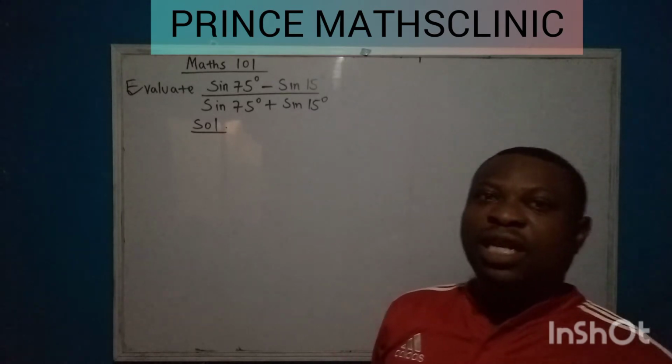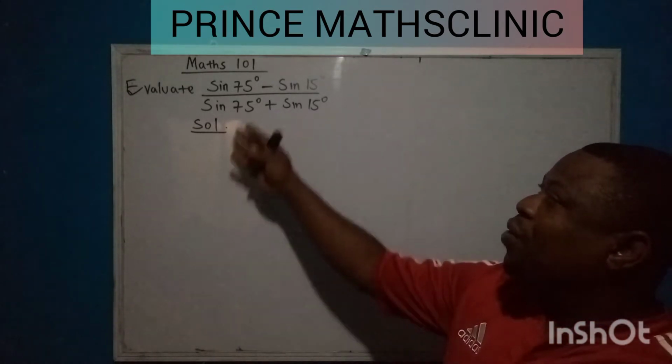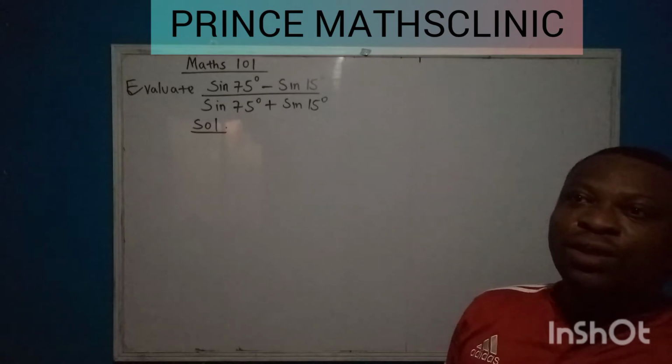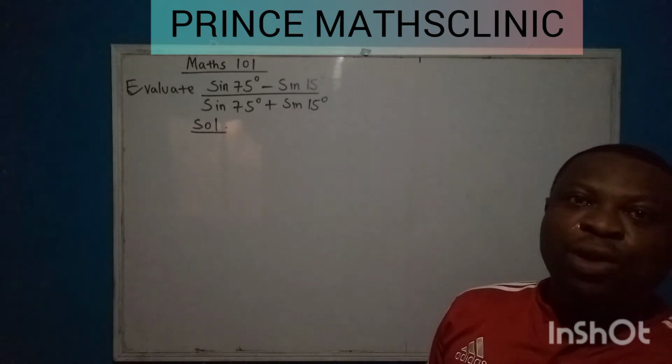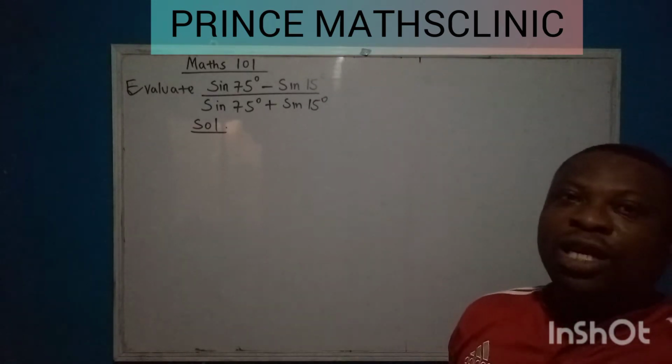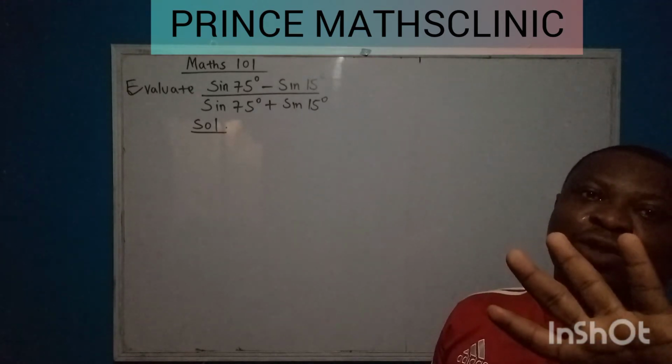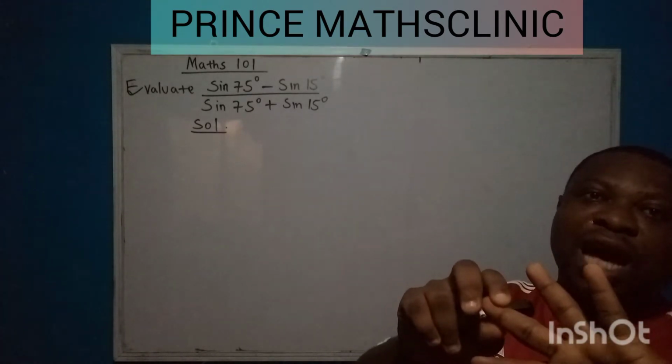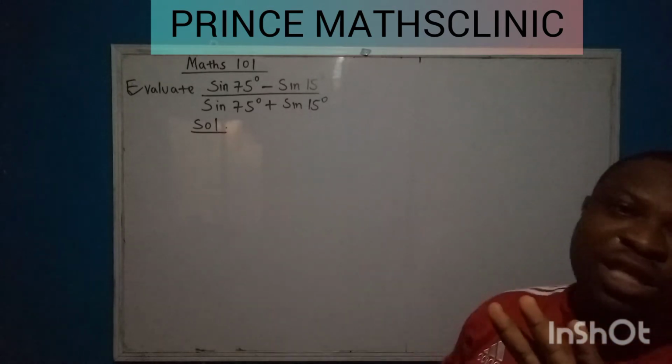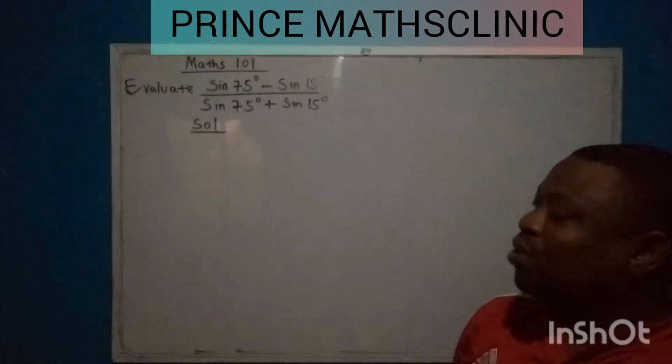This is Prince Maths Clinic, and here we have a very interesting question that is in continuation of the topic we started on trigonometry. Remember the fingers we used in deriving our special trig angles? We are going to be using it in solving this interesting question.